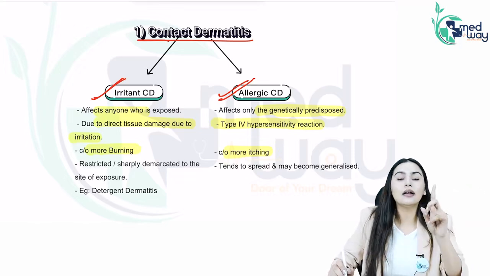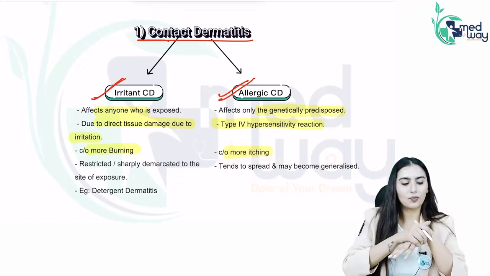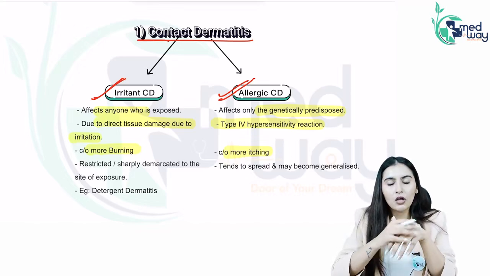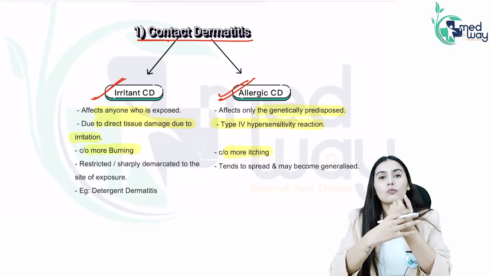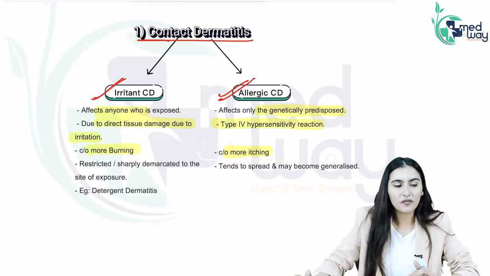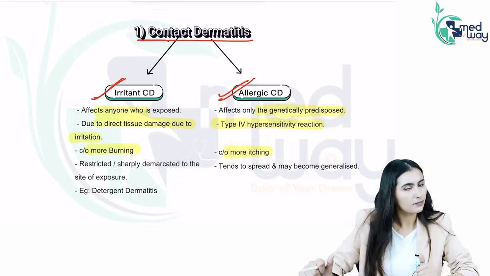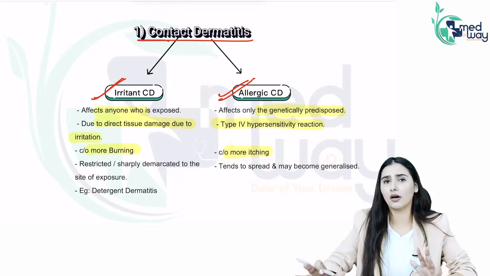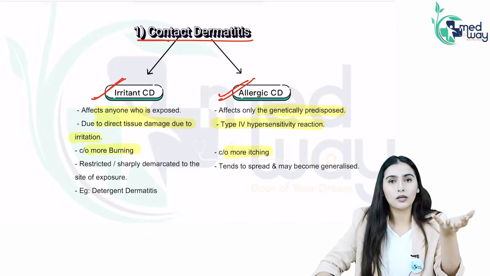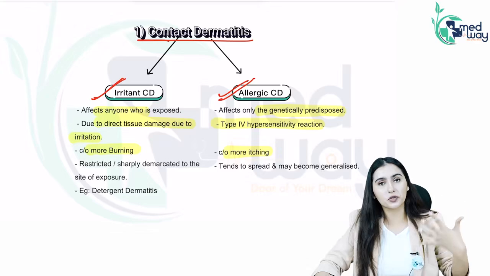Okay? Again, irritant contact dermatitis. Suppose I was washing the dishes and detergent caused me irritation, then irritant contact dermatitis is localized to my hands only. If I have allergy to say somebody's perfume, or if I have allergy to weed grass, okay? I have some allergy to a flower. So allergic contact dermatitis is not localized to say my nose only. My whole body will have that allergic response.